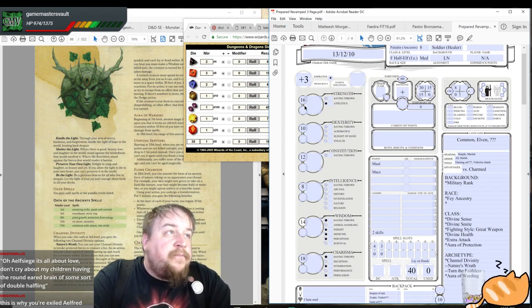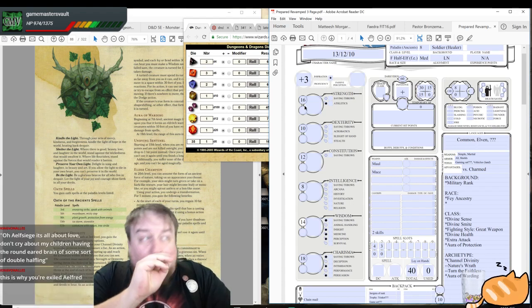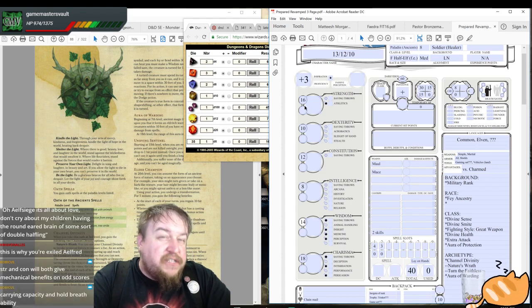Constitution and Strength have mechanics built off of their scores. Not their modifiers, but their scores. If you put this extra point into Strength, you can carry, push, pull, lift, or drag more weight mechanically. If you put it into Constitution, you can hold your breath just a little bit longer.